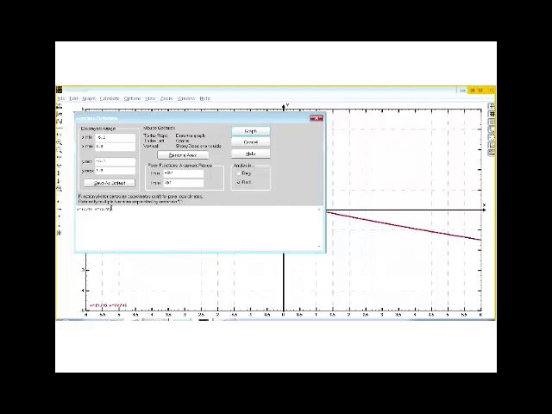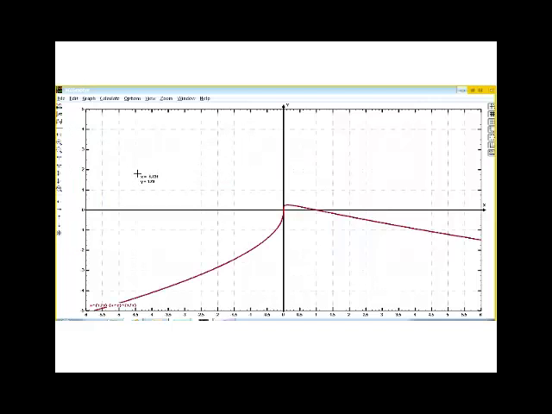Okay, let me think here. What I can do is I think I need to go x squared raised to the 1/3 power. How about that? That would be one way of doing it. Okay, now graph it. Ah, there we go.